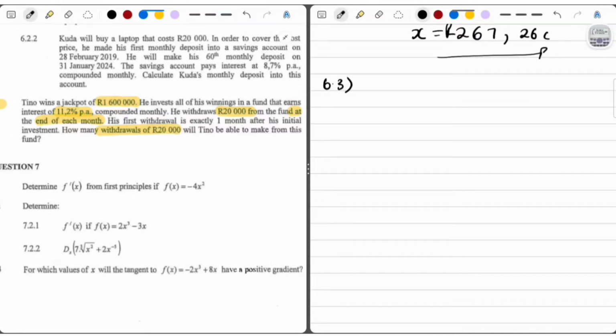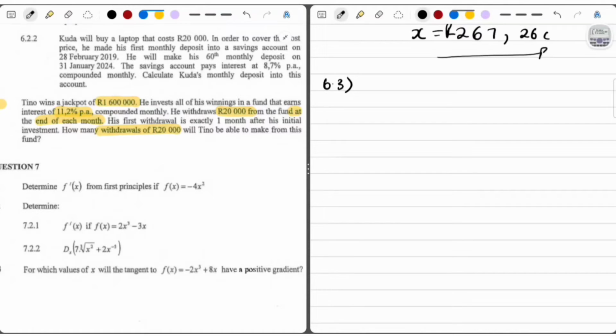The people who invest money, it's kind of like lending to the bank. You're giving the bank your money for a period of time. It earns interest, and sometimes you can ask them to give you a specific monthly amount. So a monthly withdrawal really. So it's still a loan, just not Tino loaning from the bank. It's the other way around really.